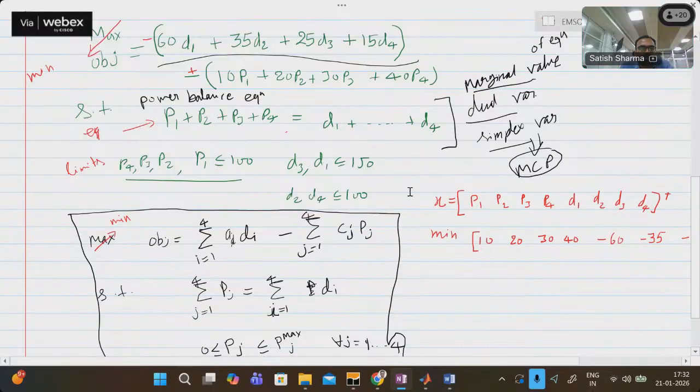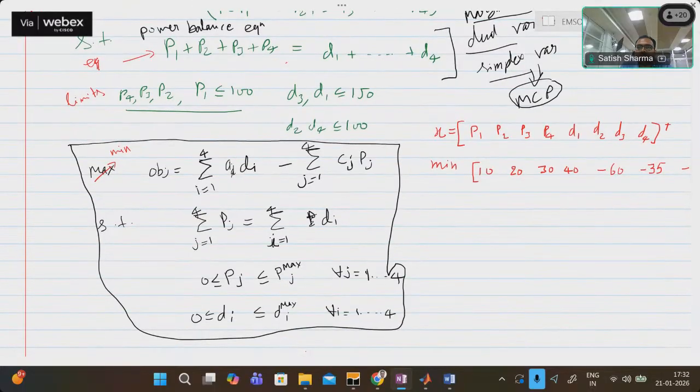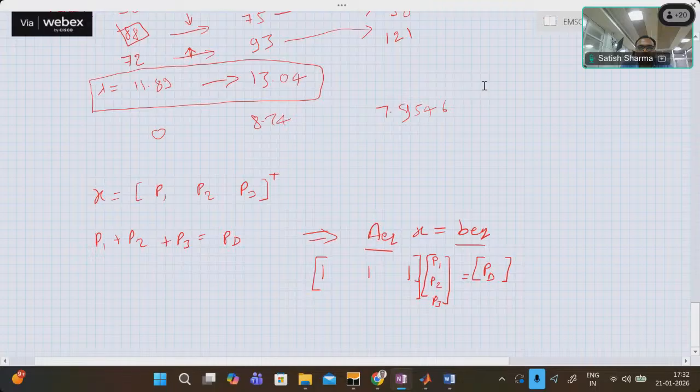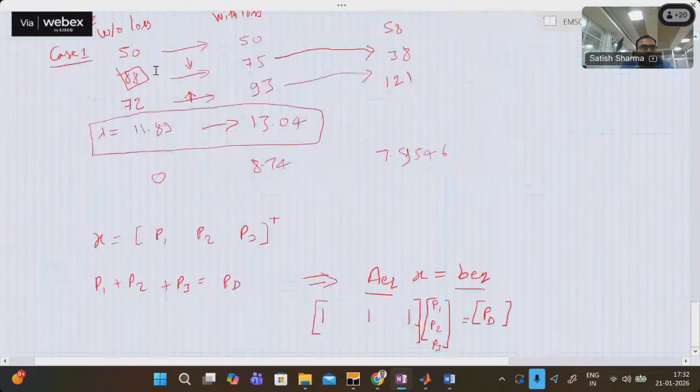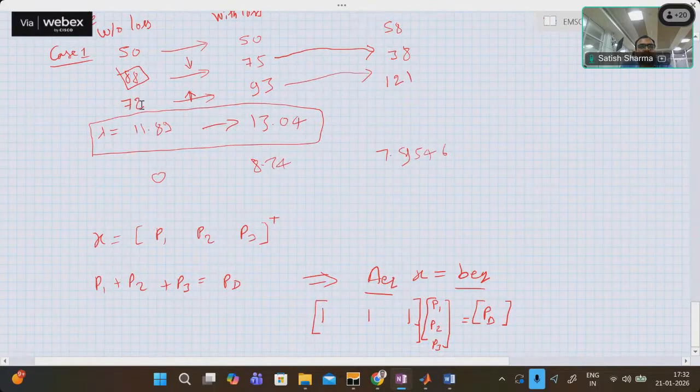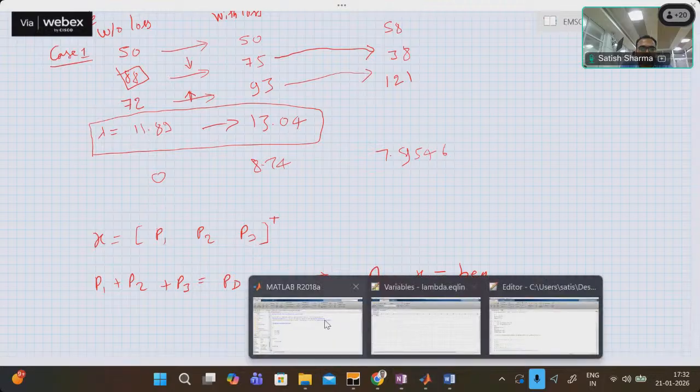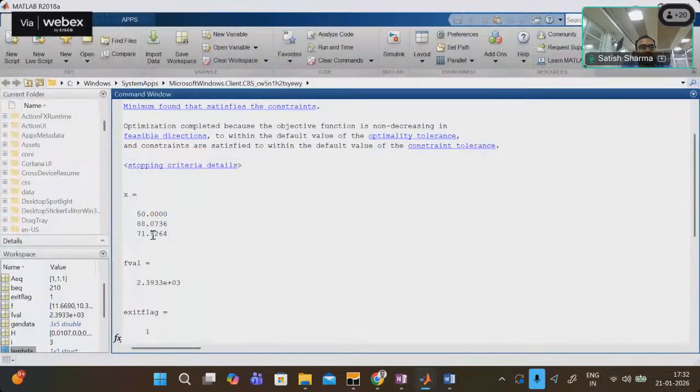Note in this particular part, section 1, without loss it was 50, 88, and 72, and lambda was roughly 11.89. Let's check in MATLAB as well: 50, 88, and 72. So the same values are here as well. And then we have the function value, 2393.3.